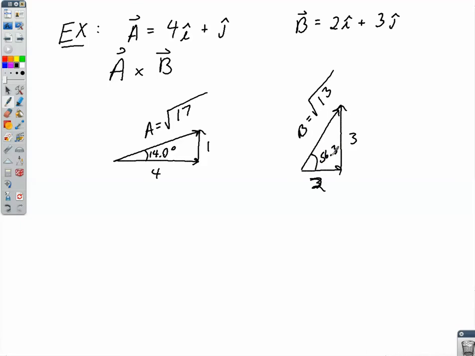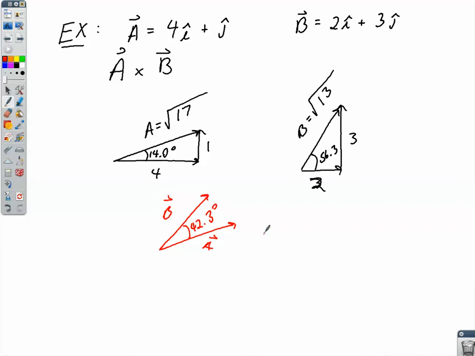So if we're going to draw A and B together here, we've got vector A, we'll put in red. It's down here looking like that. There's vector A, and vector B is going to be up here, a little bit shorter, looking like that. And if we subtract the angle between them, 56.3 minus 14 is going to give us 42.3 degrees between the two.